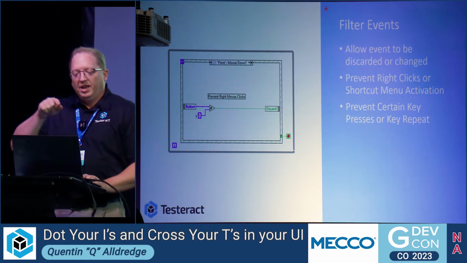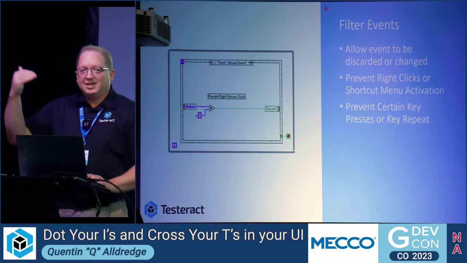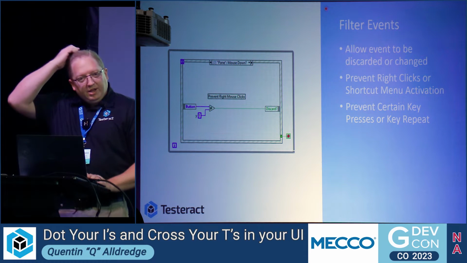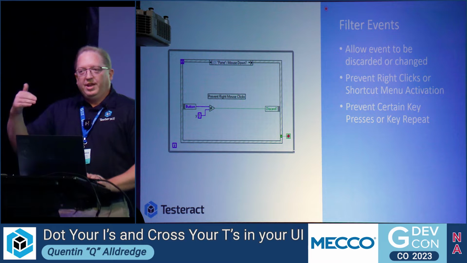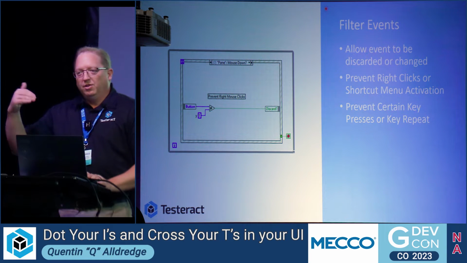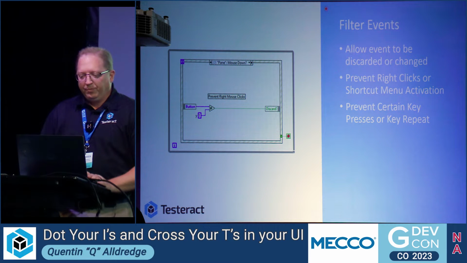The order of events, of how events fire, is after this mouse down filter event, if you don't discard it, the next event that fires is the regular mouse down and then the value change. So if you needed all of those events, they would fire in that order.